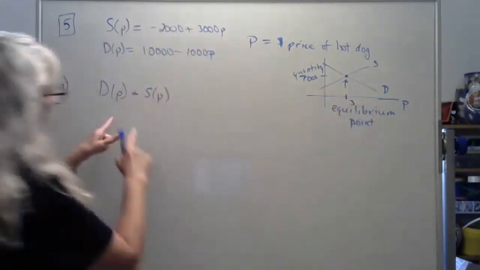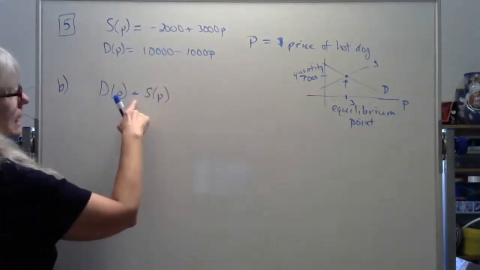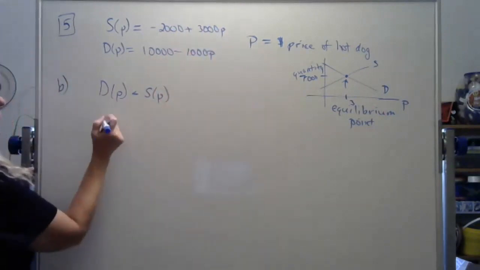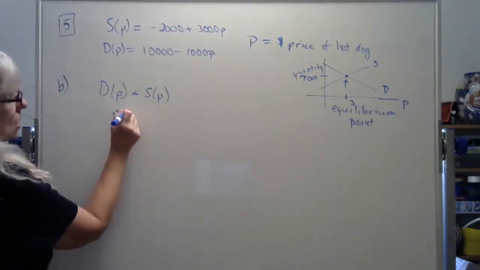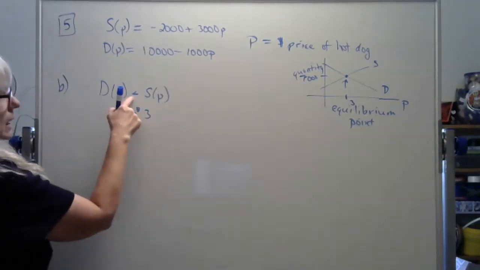So you could go back through and solve this. So in other words, you could set the 10,000 minus 1,000 less than the negative 2,000 plus 3,000. We're going to let the graph work for us. We know when the price is greater than $3, that the demand will be less than the supply.